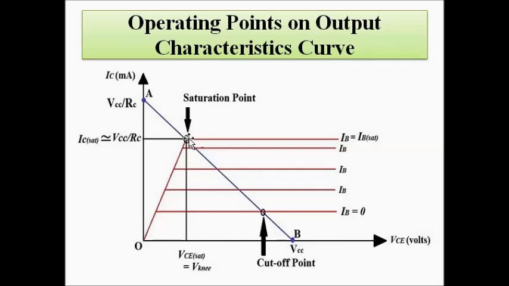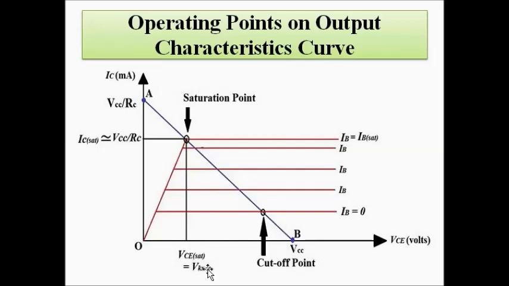Another important thing, at the saturation point, the collector emitter voltage value is equal to the knee voltage. If you remember, I discussed in the common emitter configuration that the knee voltage is that value of collector emitter voltage beyond which the collector current becomes constant and independent of the collector emitter voltage.